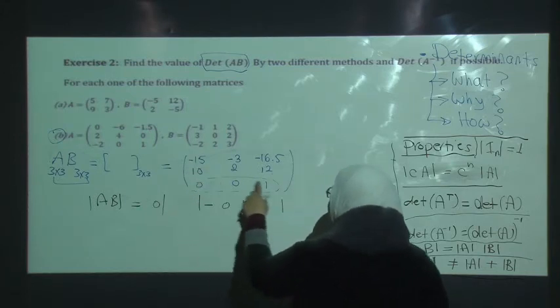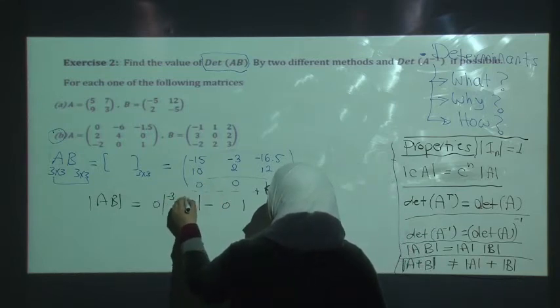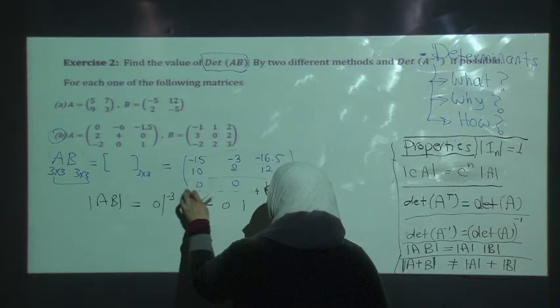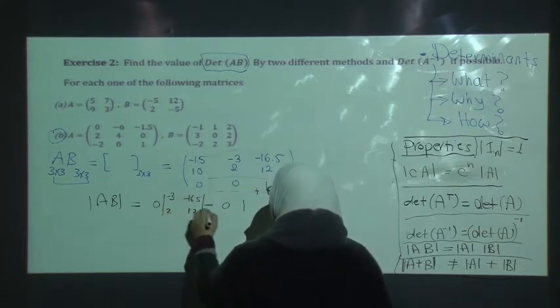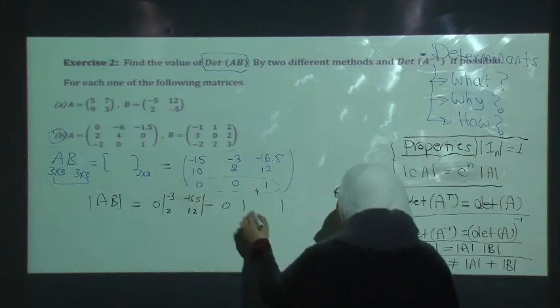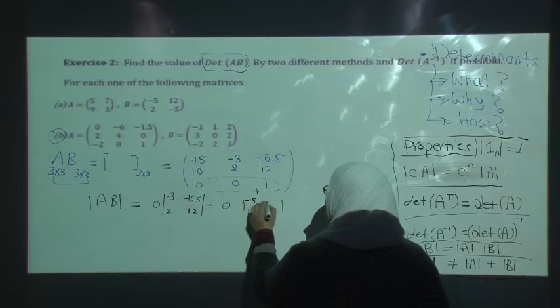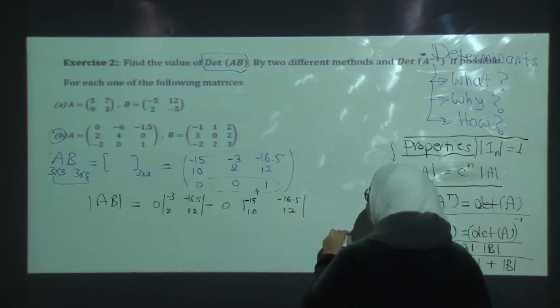Removing the column and the row of that element, we will be left with what? Negative 3, negative 16.5, and 2 and 12. Removing the row and column of this element, we will get negative 15, 10, negative 16.5, and 12, exactly.